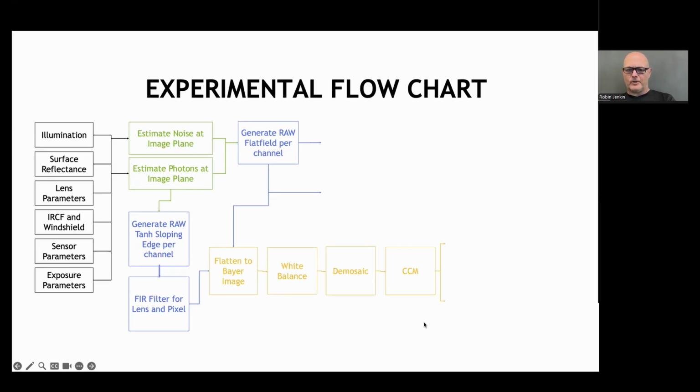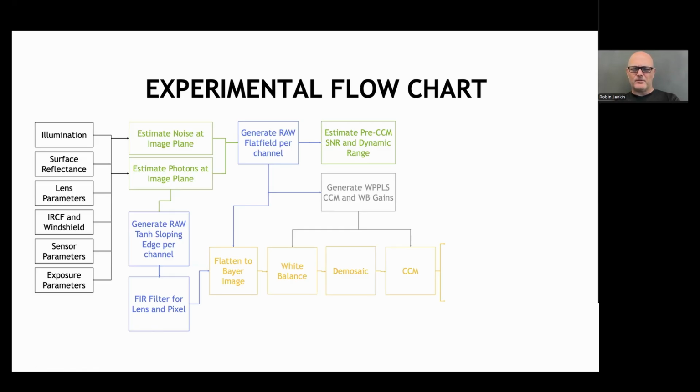We flatten both of these to Bayer images using the QE curves that we specify. We white balance, we demosaic, we apply a CCM, and then we can estimate from the raw. We can estimate a lot of pre-CCM SNR, and dynamic range and other metrics. We can also generate a CCM, and I use a white point preserving least squares method to do that, because it's deterministic and fair, I think, is the way I would put it, and white balance gains.